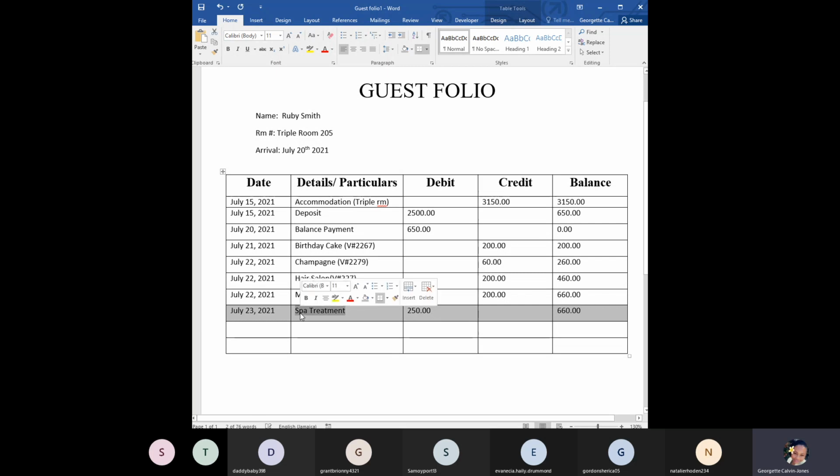All right. So if we have payment on bill, let's write that. Payment on bill, right? And she paid the 250. How much would the balance be?